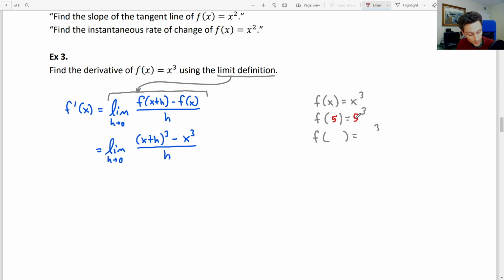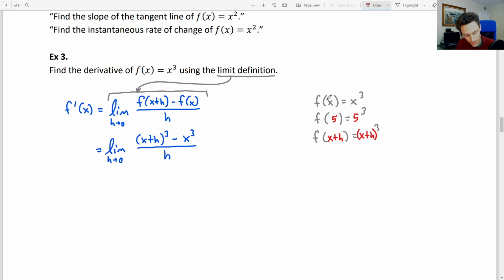So all you do is you replace the x here with 5s. And in the same way, if you have f of x plus h, which is just some other thing inside of here, you're going to replace the x with x plus h. To make sure that the x plus h is packaged together, we're going to put little parentheses around it, and then we'll have the cube.